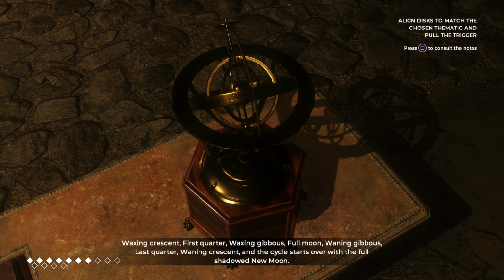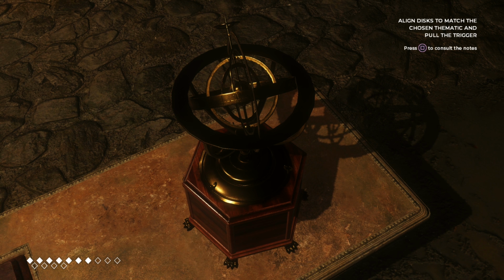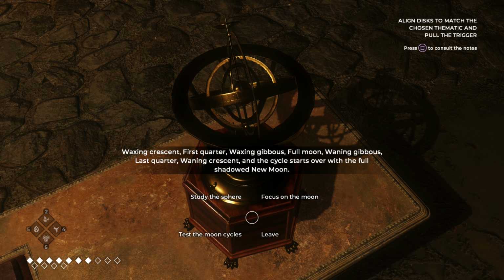Waxing crescent, first quarter, waxing gibbous, full moon, waning gibbous, last quarter, waning crescent, and the cycle starts over with the full shadowed new moon. I think that's in the reverse order that they explained it when looking at the diagram, according to what I've written down.